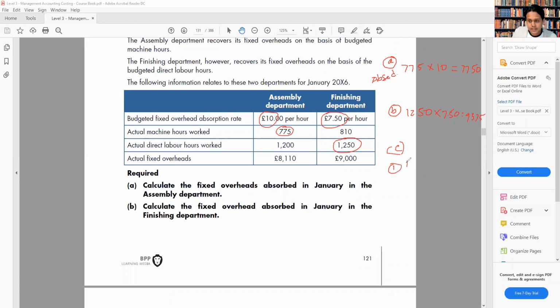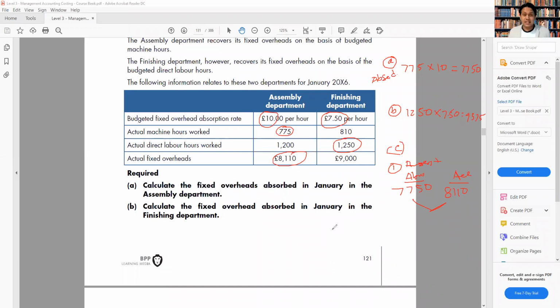How much have we absorbed? 7750 we absorbed, and the actual is 8110. So it will be under or over? Under, because we always ask ourselves, did we absorb more or less?